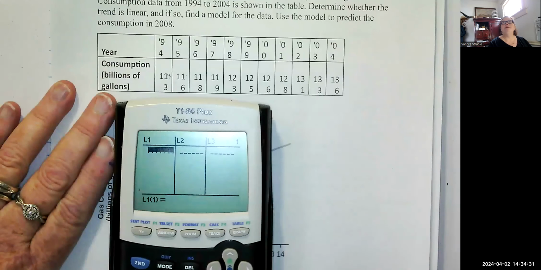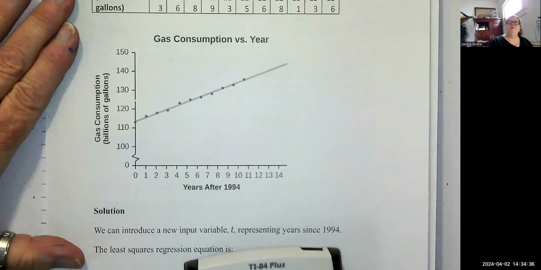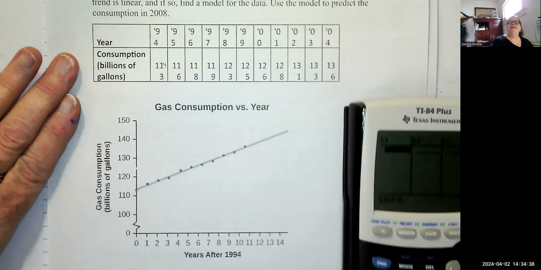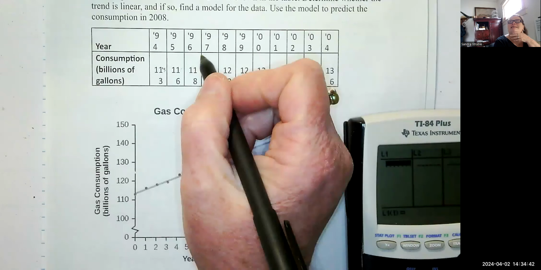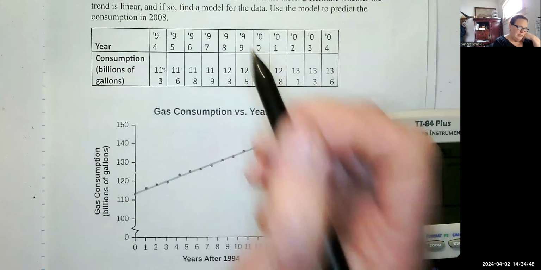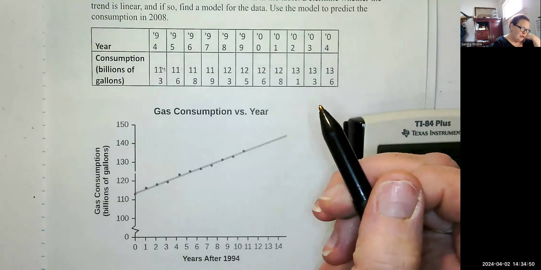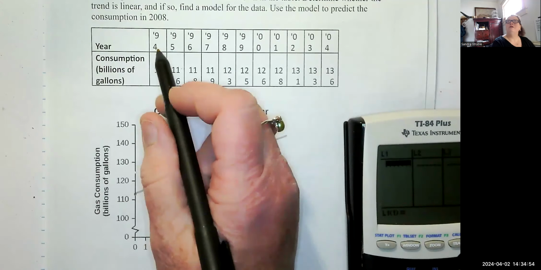All right, I'm going to input this information. I'm not going to put in 94, 95, and 96, because that's not going to work for my data set values. Instead, I'm going to use the number of years after 1994.